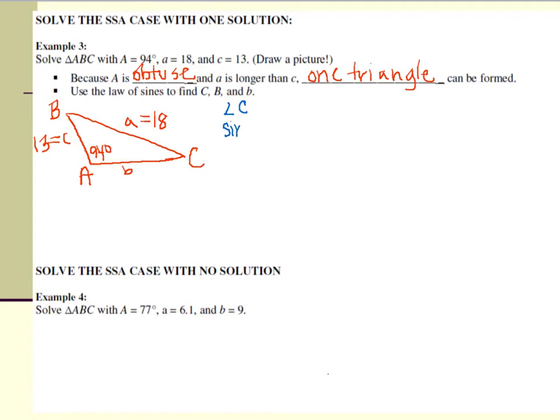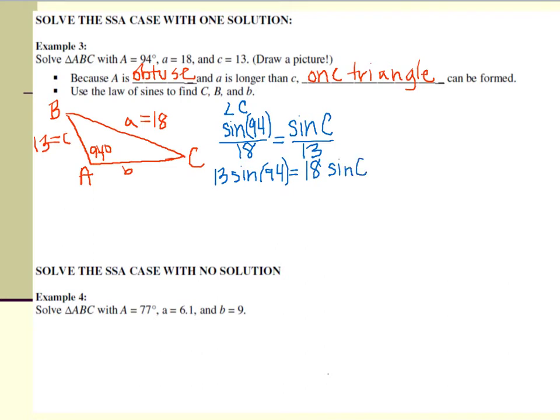So it's the sine of 94 degrees over 18 equals the sine of C over 13. We can cross multiply this, so 13 times the sine of 94 equals 18 times the sine of C. To get C alone, I'm going to have to divide both sides by 18.